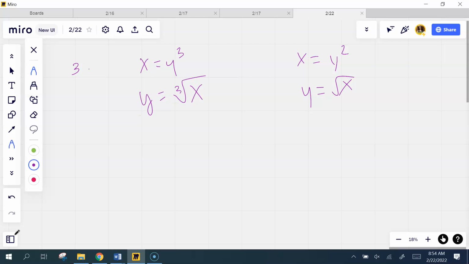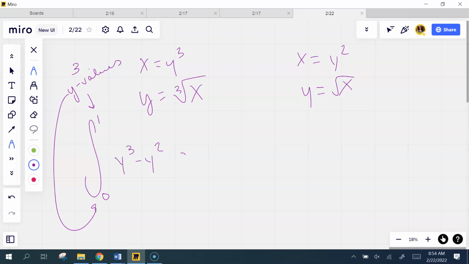But here's where you'd have to do the integral if you did it with respect to y. So these are the same things. I solved that one, and these are y values instead of x values. In this case, because it's 0, 0, and 1, 1, it doesn't make a difference. But you have to know that those have to be the y values if you're doing y to the third minus y squared dy.